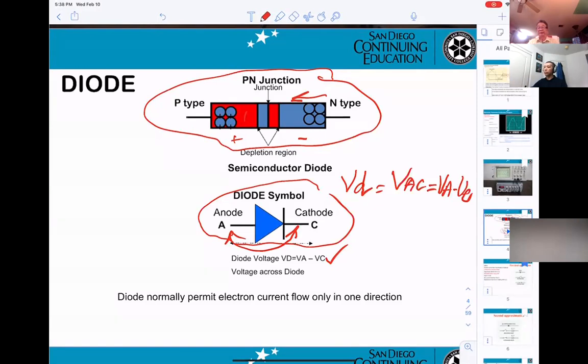So for this slide, what I want you to understand is that when you look at the symbol, you know that is what we call a diode, and the voltage across the diode VD must equal VA minus VC. A means anode and C means cathode.